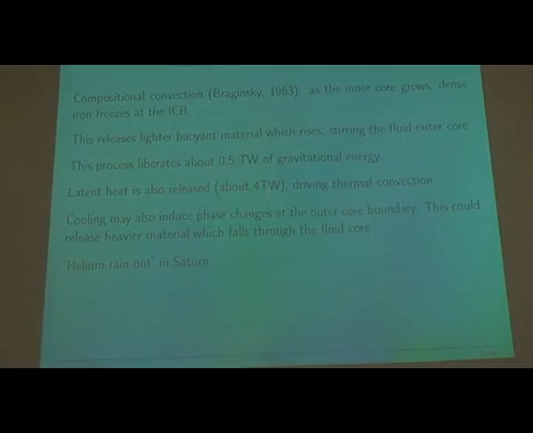And latent heat is also released, driving thermal convection as well, by this growth of the inner core. So compositional convection liberates light material as the heavy material gets deposited on the core. That light material floats up, and in floating up, of course, turns over the core and produces velocities.